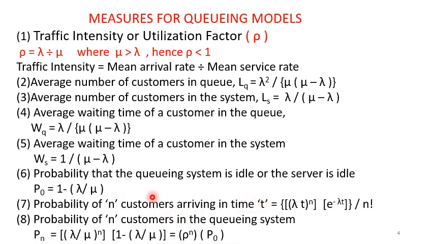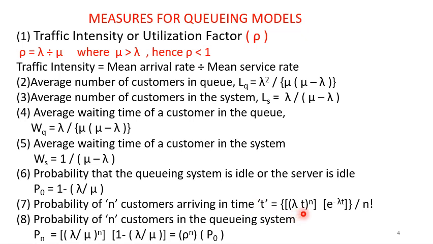For example, the probability of 15 customers or 20 customers arriving in 5 minutes from now. Similarly, the probability of 15 customers arriving in some other time.